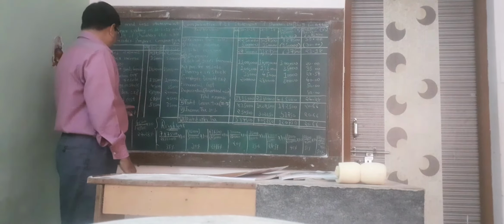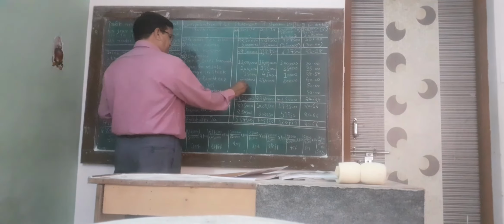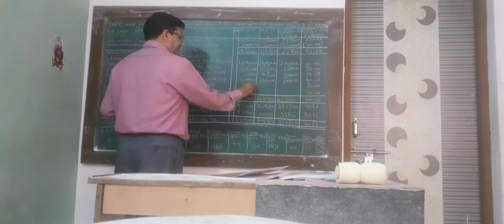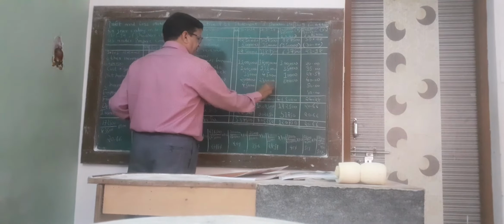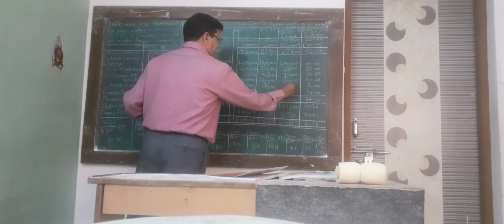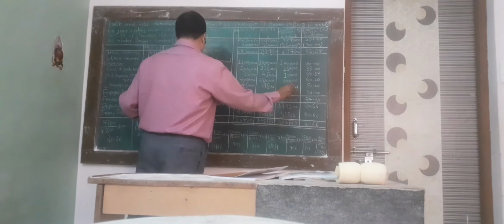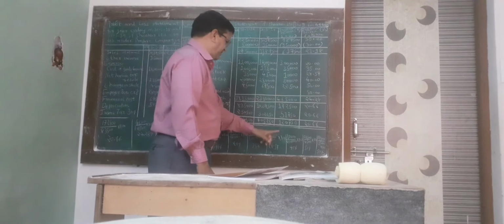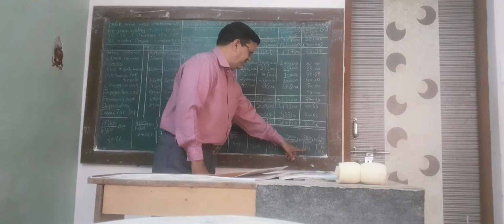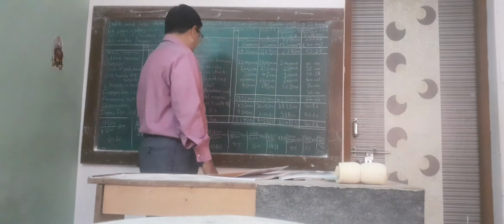Now financial cost: 45,000 first, increased to 67,500. So there is an increase in financial cost of rupees 22,500. 22,500 by 45,000 into 100 is equal to 50%.